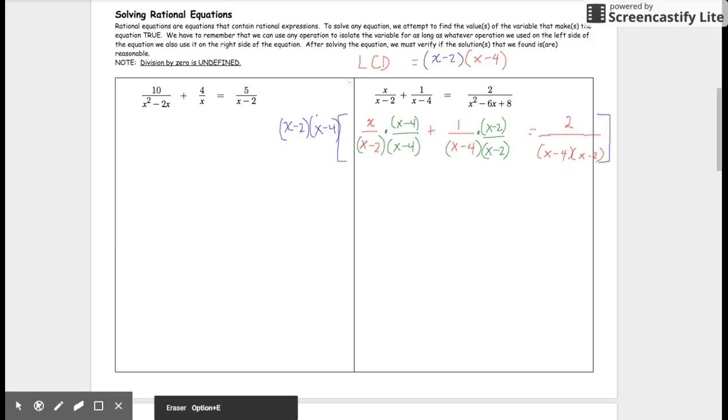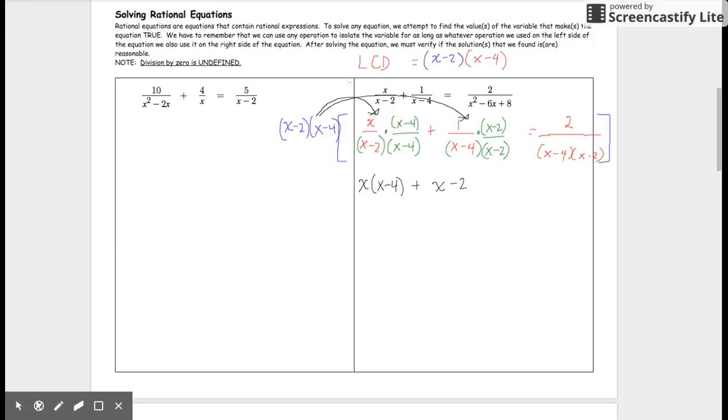Okay, so when we multiply this by the first fraction, the denominator will cancel. So we'll have just x times x minus 4. Plus, if we multiply this by the second fraction, denominators will cancel, and so we will have just x minus 2, or 1 times x minus 2.